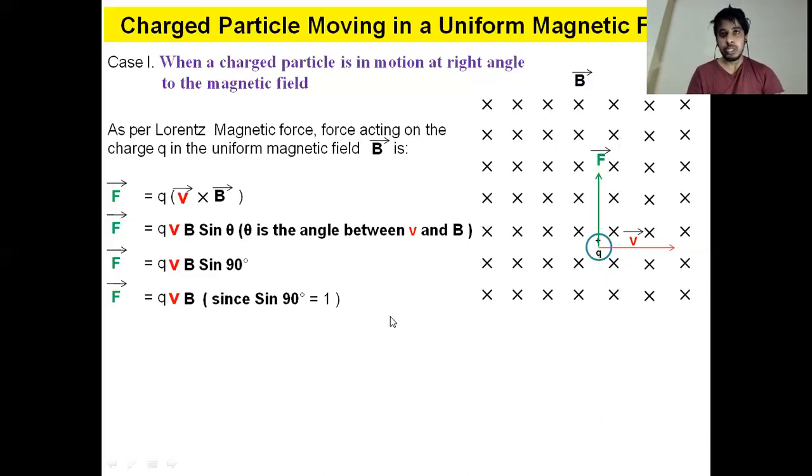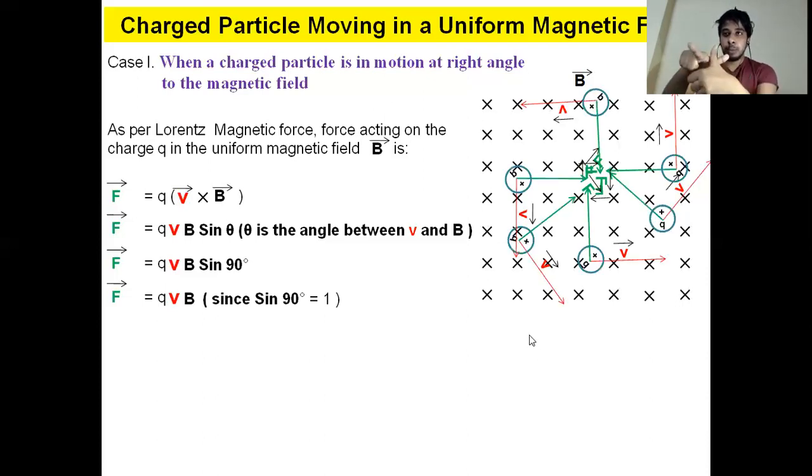Due to this force, when the charged particle moves here, the direction of force would be in this direction represented by the green arrow. Similarly, when we see the force acting on the charged particle Q at different points, we can see that this force is acting towards the center and always perpendicular to the velocity, which is the criteria of circular motion.